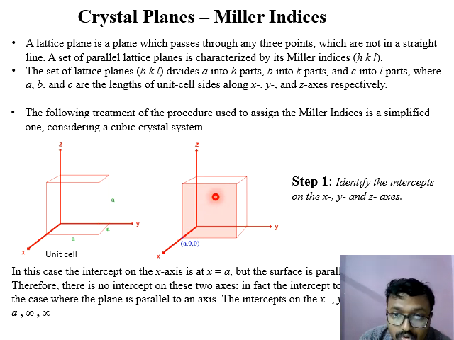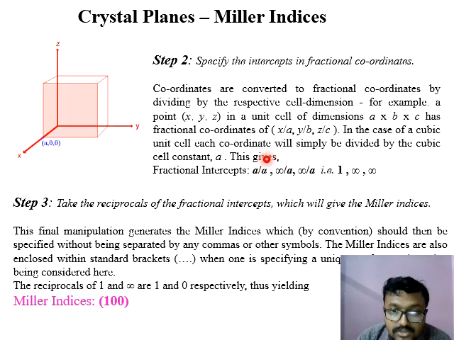First, we have to identify the intercepts on the x, y, and z axes. Say this plane is intersecting the x-axis at a distance a. Now this plane is parallel to the y-axis and also parallel to the z-axis. So it will intersect the x-axis at distance a, the y-axis at infinity, and the z-axis also at infinity, right?